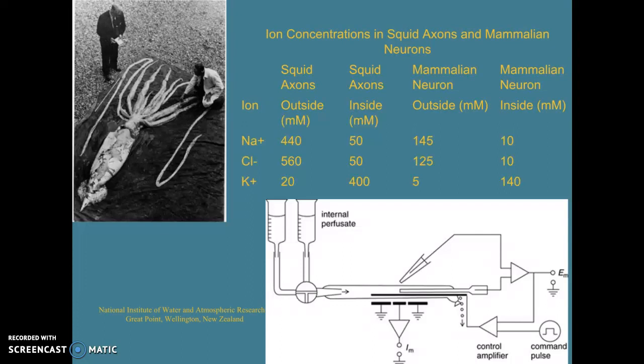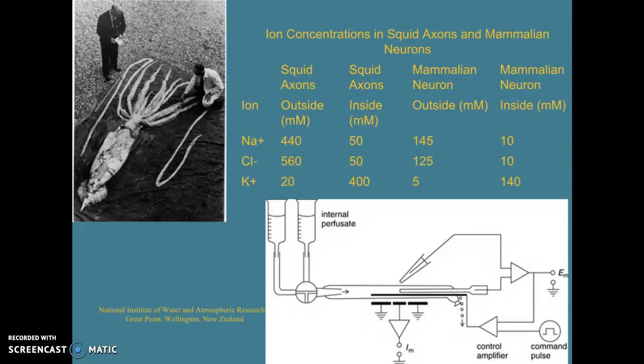And we kept doing that until we got to physiologic levels. And so we established what the inside and outside concentrations were for squid giant axon fairly quickly, because they had these big, fat axons that were easy to probe.